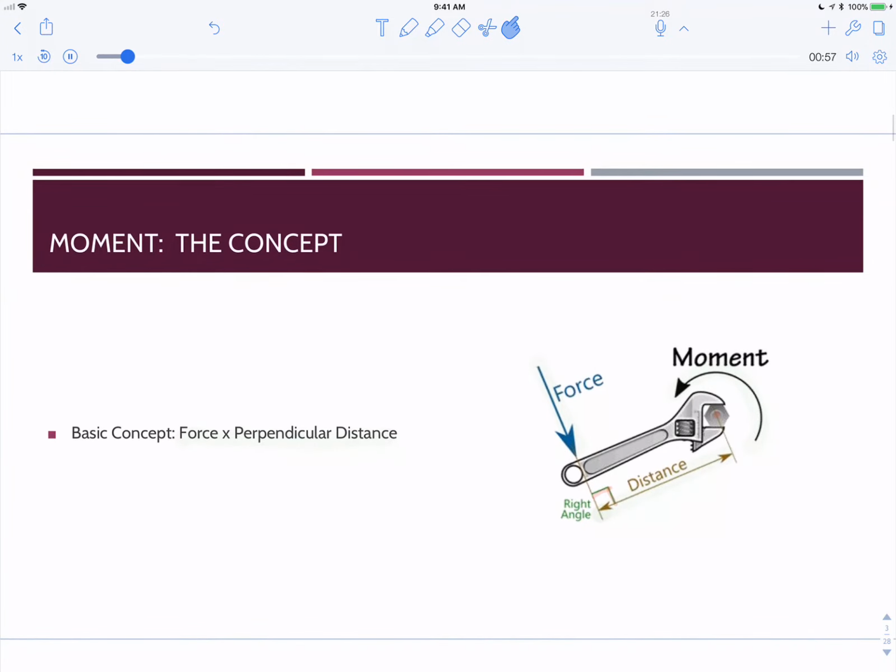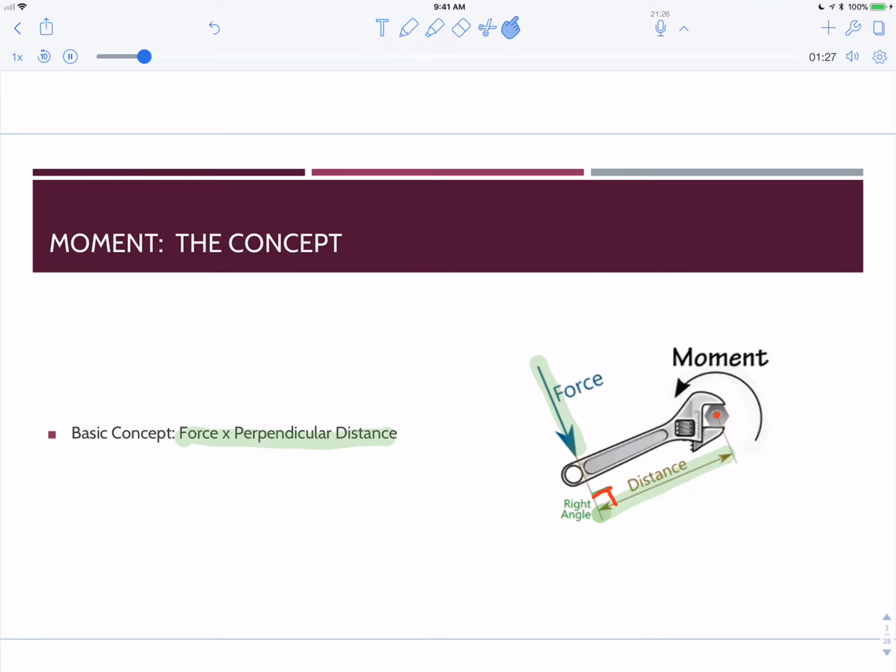Here's the concept of a moment. The most basic concept of a moment is a force times a perpendicular distance. Here we have the force on the end of this adjustable crescent wrench, and here is a distance, and the key thing is that this distance is the perpendicular distance from the force to the point in question.